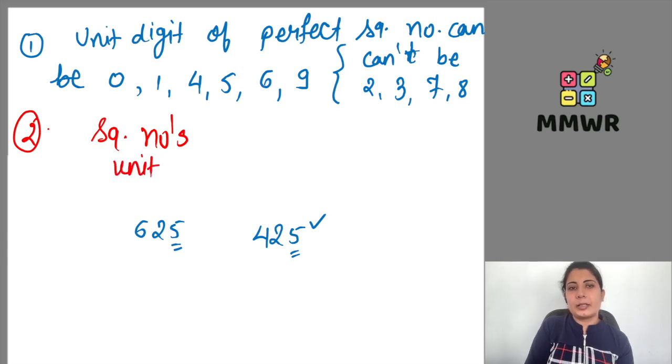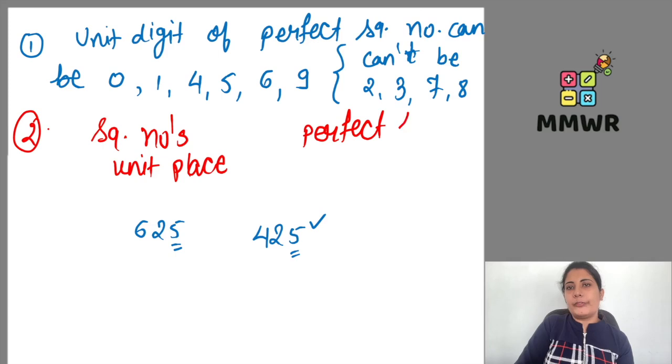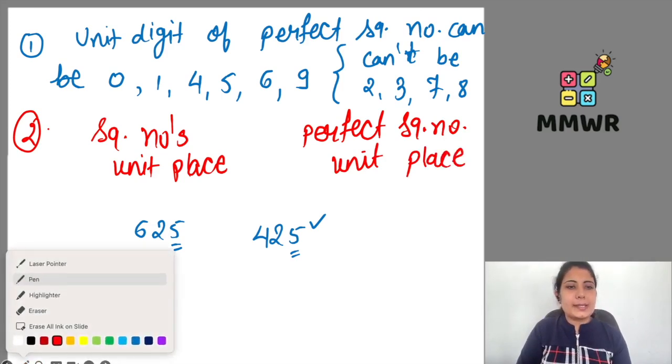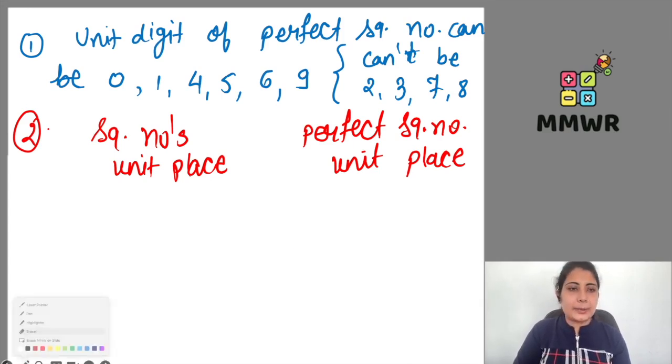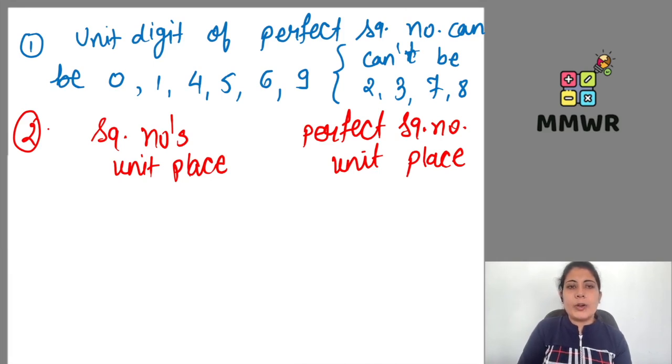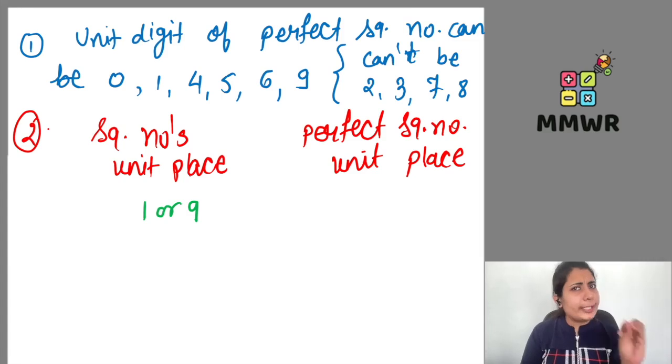if the unit place of a square number, and here we will be writing the unit place of a perfect square number, right? So in both cases, we will be simply looking at when 1 or 9 is coming, when 1 or 9 is there at the end of any number.